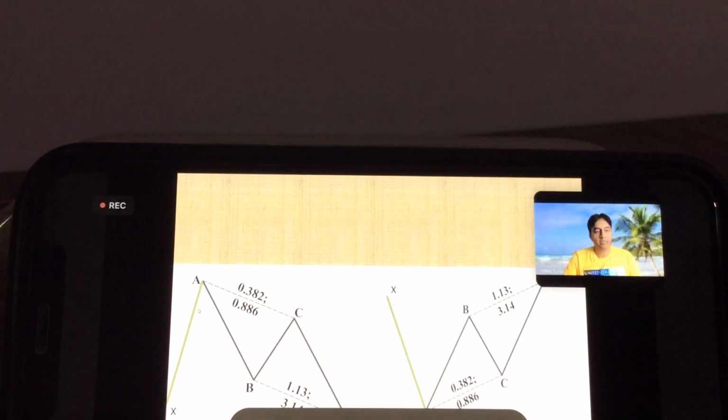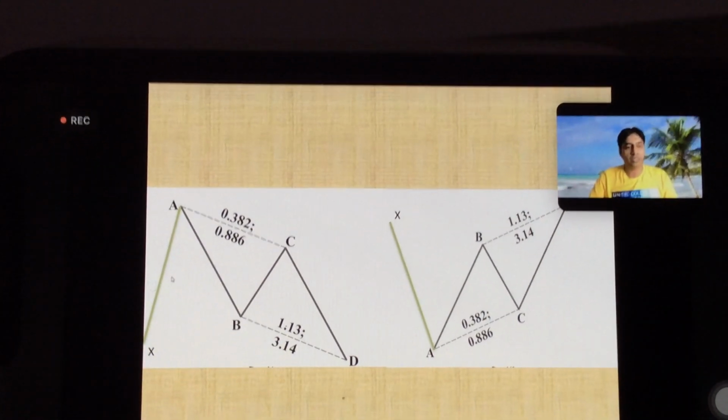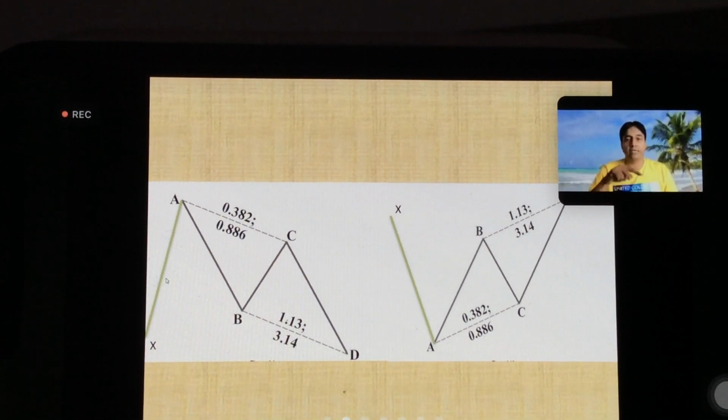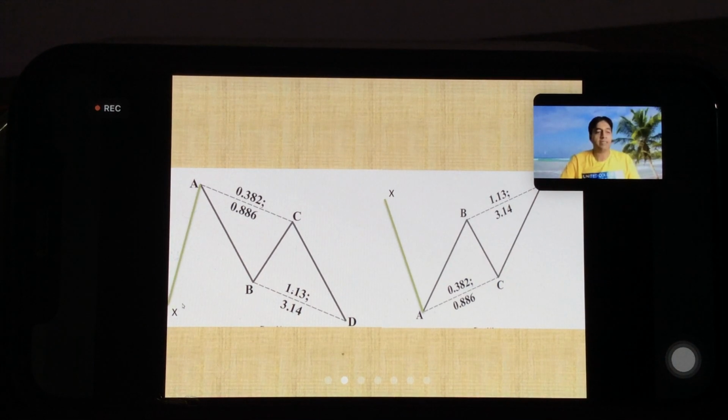Now we have to find the leg prior to that A. From the downside up to that A, the swing move, the impulsive move which occurred, we label as X to A. So it becomes clear that ABCD is part of XABCD.